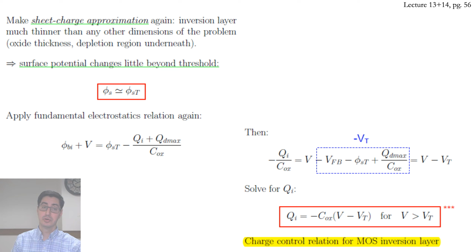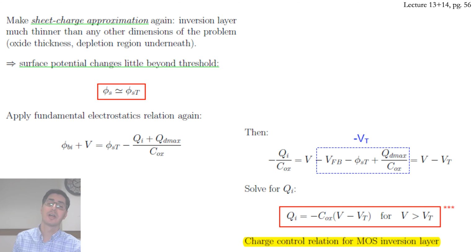What we're going to do is, in analogy with the accumulation region, assume that the surface potential changes little past threshold. Of course the surface potential has to change. If it doesn't, we can't change the charge in our semiconductor.